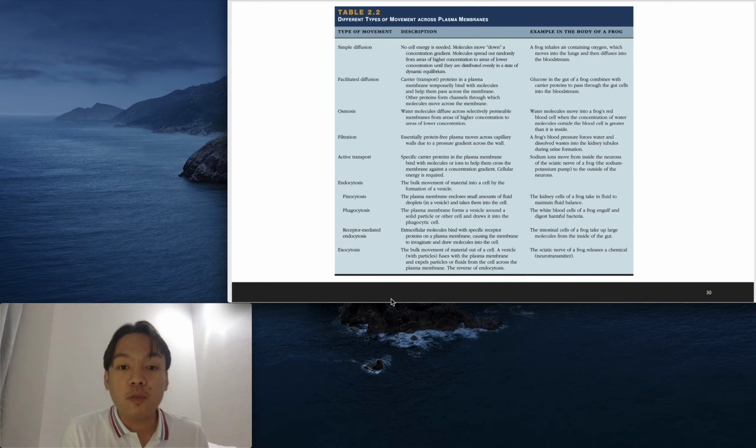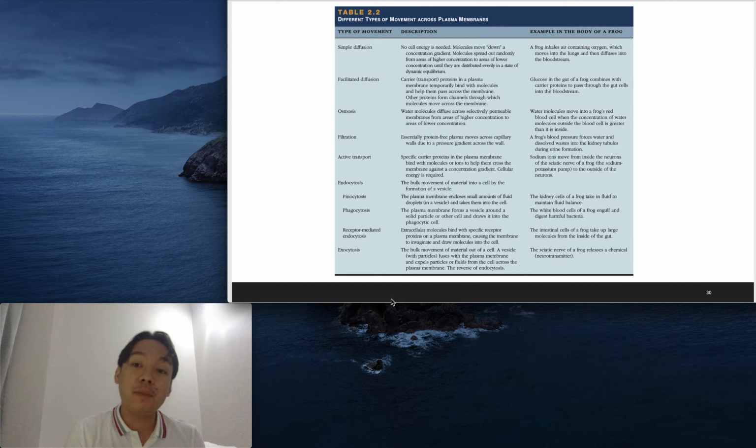For osmosis, this is a type of movement across the plasma membrane that involves water molecules. Water molecules, H2O, will diffuse across the selectively permeable membrane. Selectively, because it chooses what substances or solute molecules come in, from an area of higher concentration to an area of lower concentration.